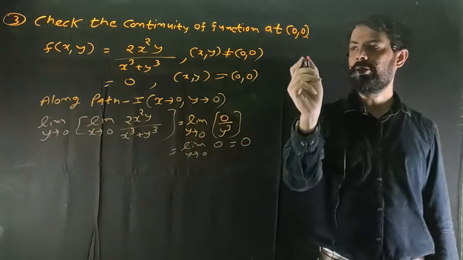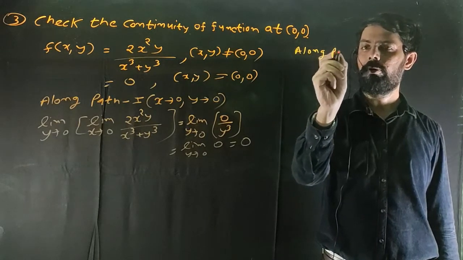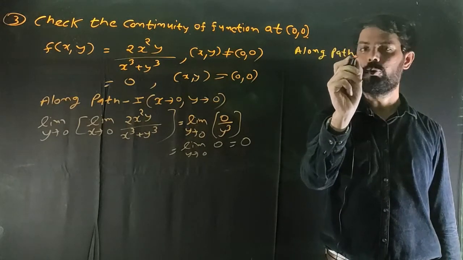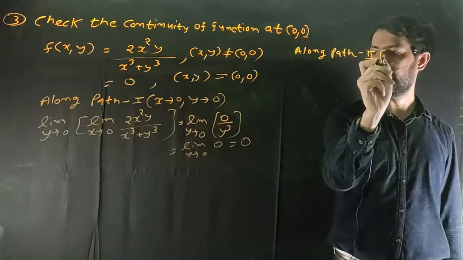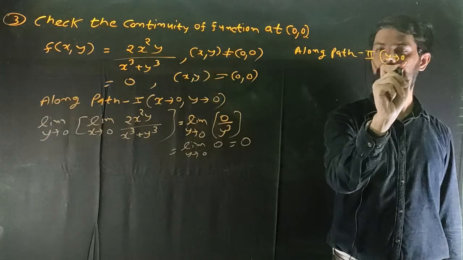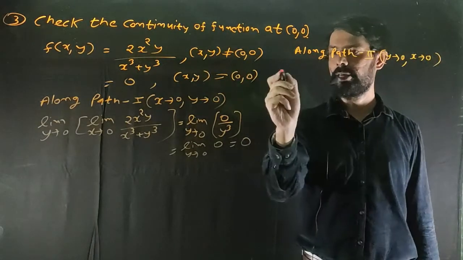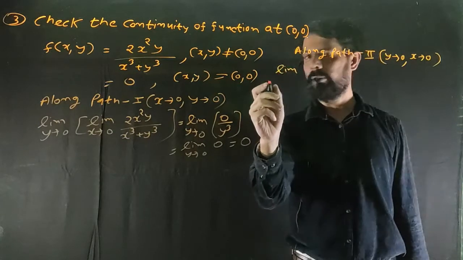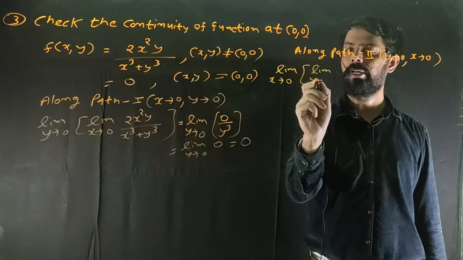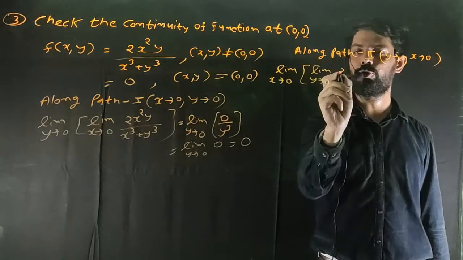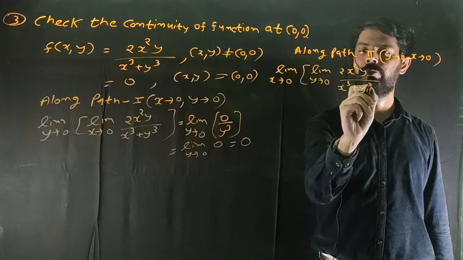Okay, now we will discuss limit along path 2. For second path, first taking y tends to 0, then taking x tends to 0. So this can be written as limit x tends to 0 in bracket limit y tends to 0, then function that is 2x square y divided by x cube plus y cube.